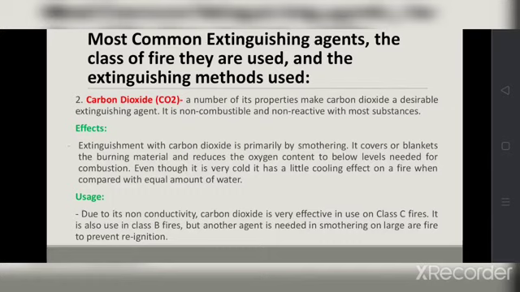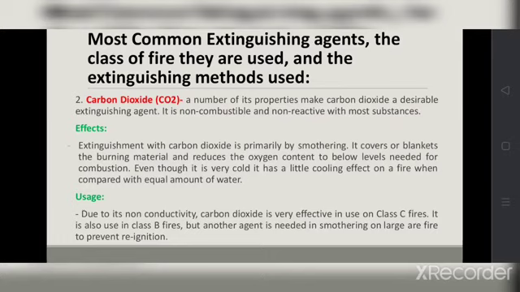Next, what is the usage of carbon dioxide? Due to its non-conductivity. So, what is non-conductivity? What is a conductor?